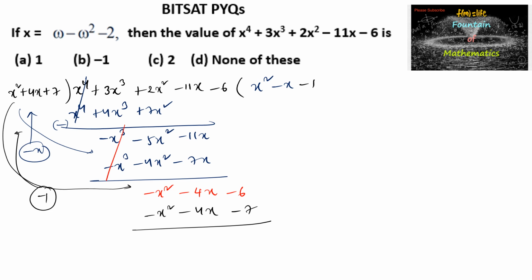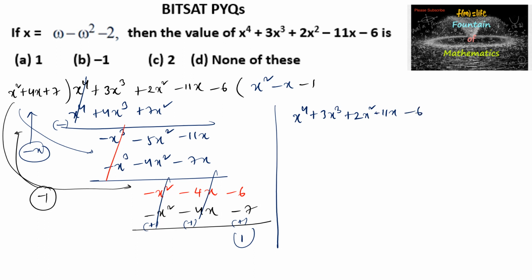So you will be getting, minus of minus plus, x square gets cancelled and minus 4x plus 4x gets cancelled, and again minus 6 plus 7 is 1. So finally we can say that this polynomial x power 4 plus 3x cube plus 2x square minus 11x minus 6 is equal to x square plus 4x plus 7 into x square minus x minus 1, plus the remainder 1.